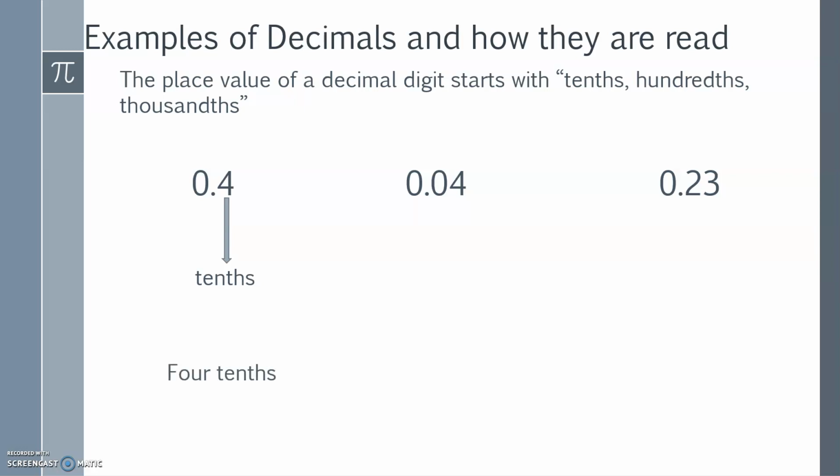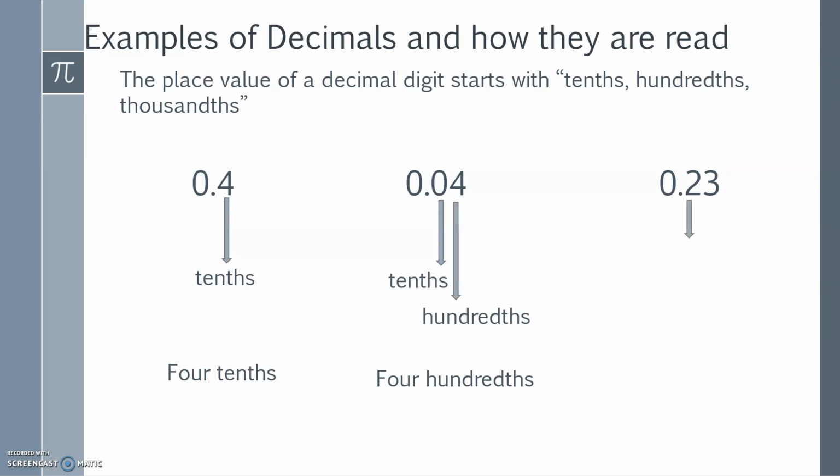So ang basa dyan ay 4 tenths. Next. So yung tenths place value natin is 0. And then, yung digit 4 is placed under hundredths place value. So we read it as 4 hundredths.